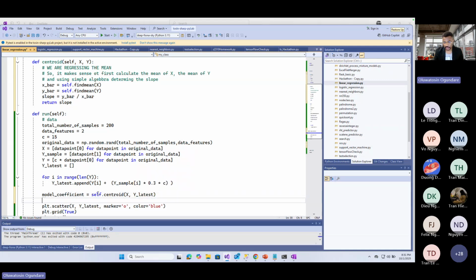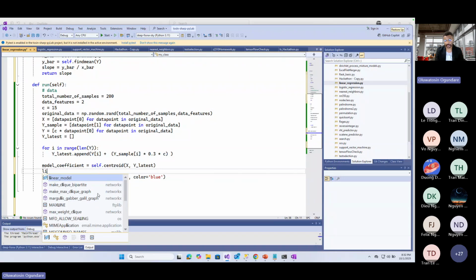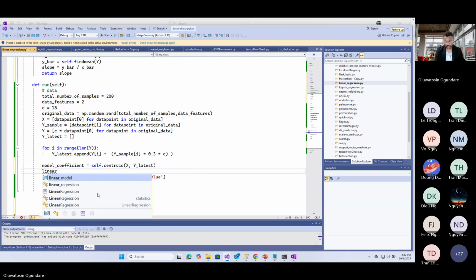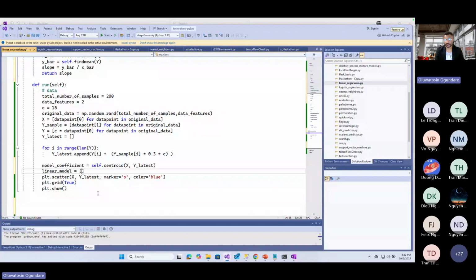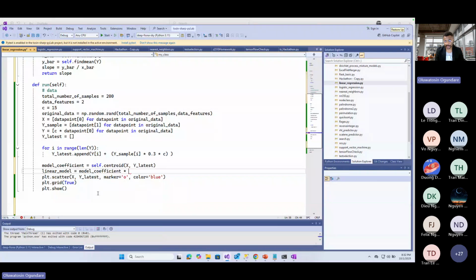And what we'd like to do now is have our model, so our linear model, then is simply model coefficient multiplied by x.